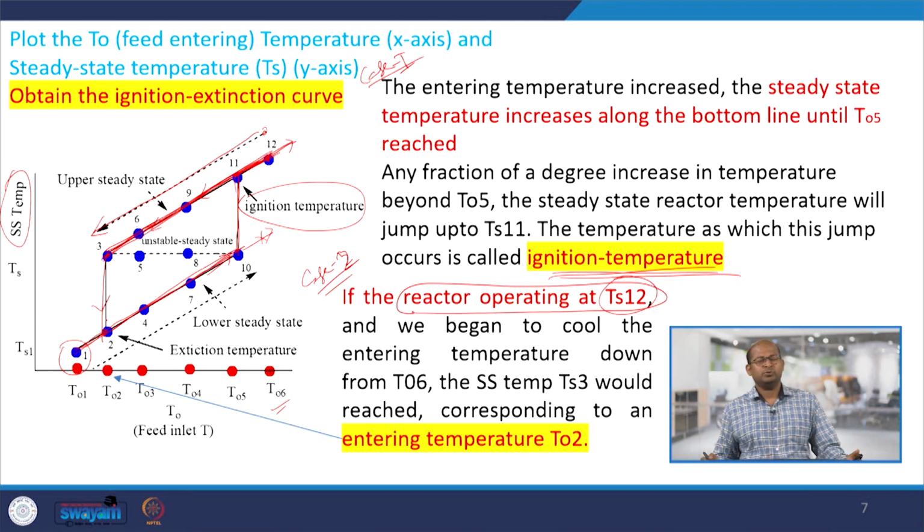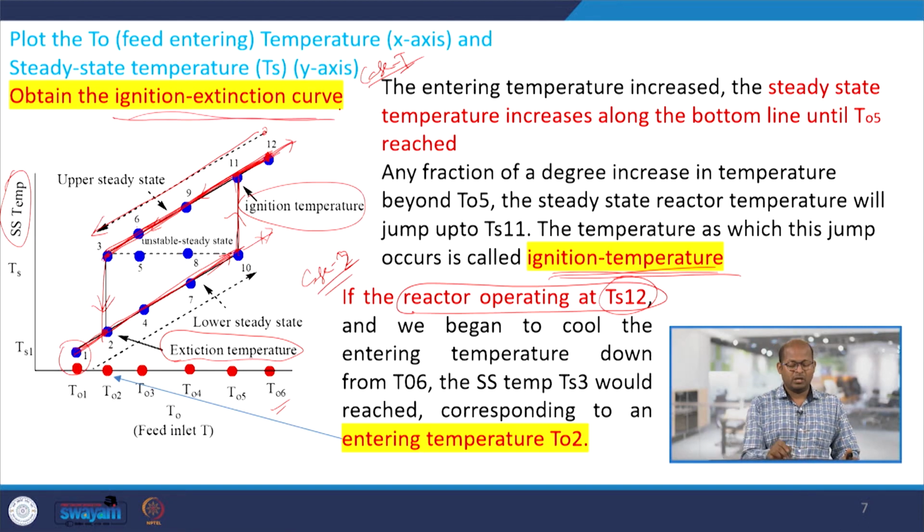So, from 3 to 2 there is a sudden drop of temperature, just as a sudden jump was observed here. We started at the high temperature TS12, decreased the feed inlet temperature, reached here, observed a sudden drop, and then reached here. This temperature, TS2, is called the extinction temperature, and the other is the ignition temperature. This curve is called the extinction curve.